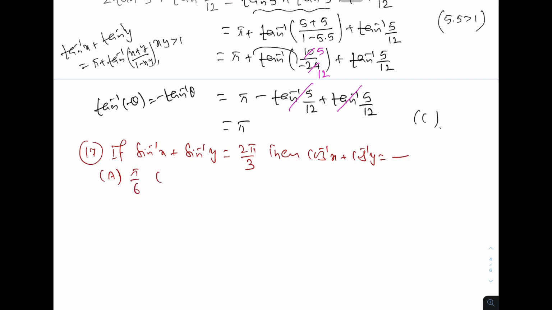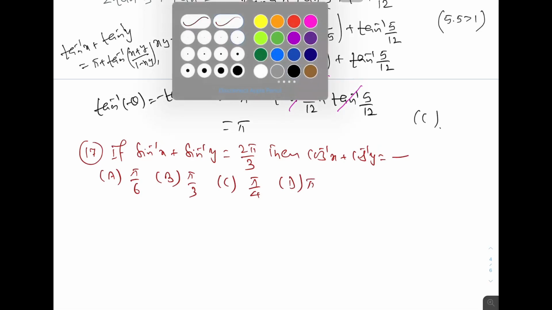Options are pi by 6, pi by 3, pi by 4 and pi.